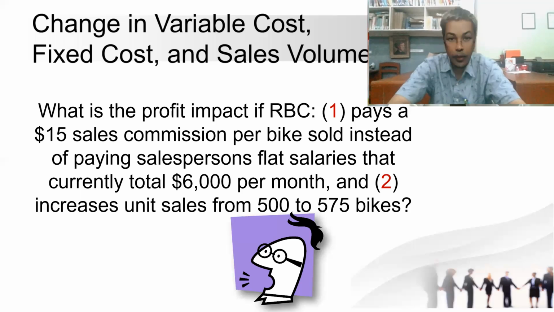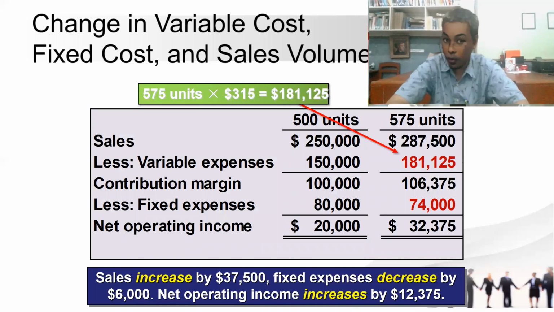So let us consider. We already know and are familiar with the 500 units column. Now let us look at the 575 units column, wherein the total variable expenses would be 575 units times 350 is equal to 181,125.